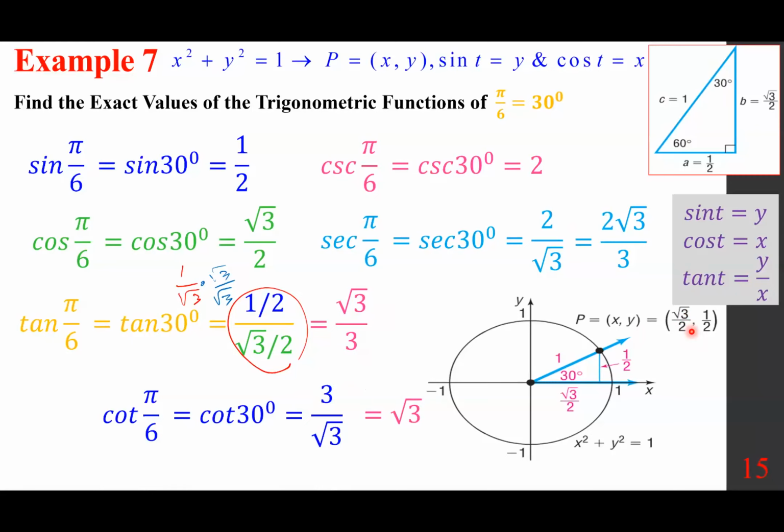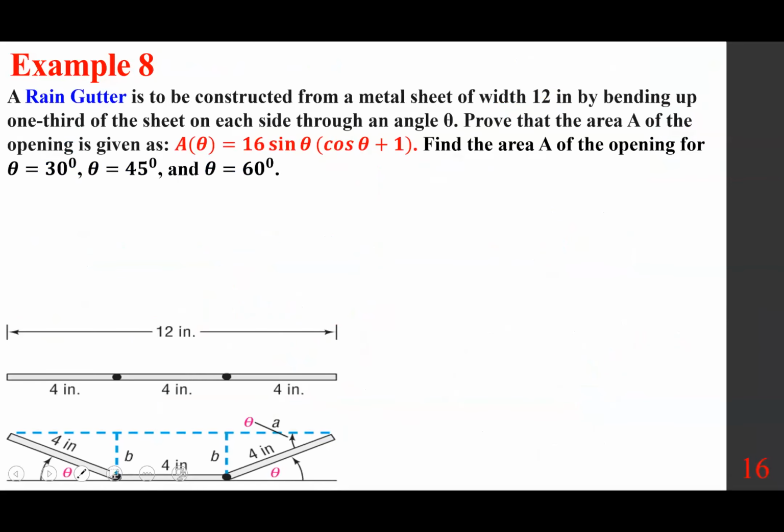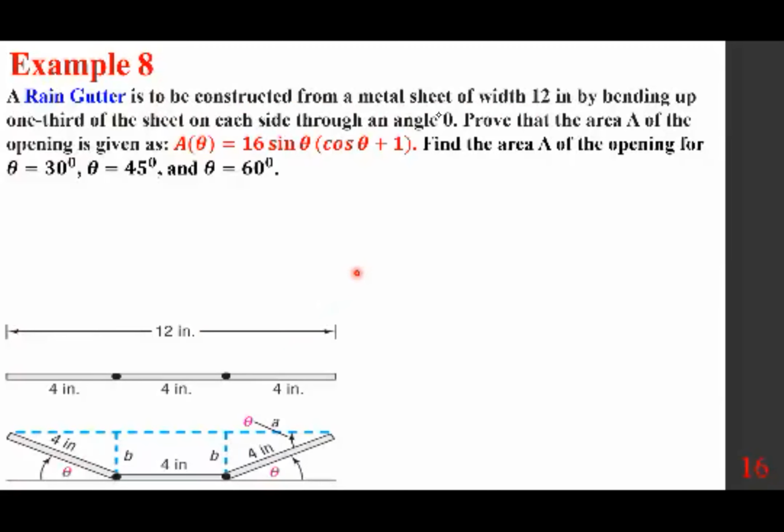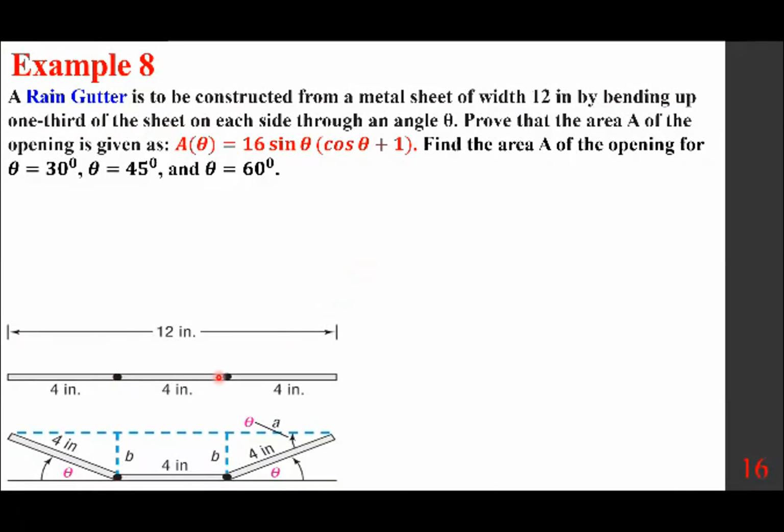This is an interesting question. A rain gutter is to be constructed from a metal sheet of width 12 inches, by bending up 1/3 of the sheet, so 4, 4, 4, each side, through an angle of theta. So when you bend it, it looks like that.